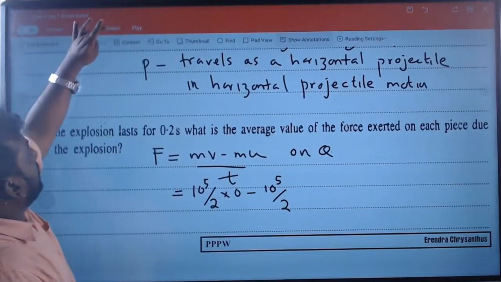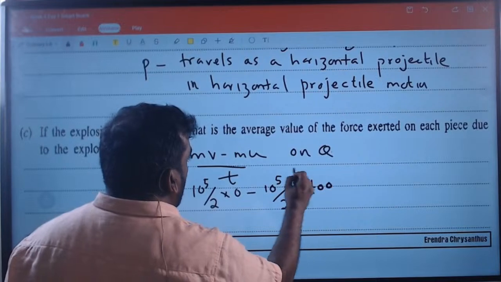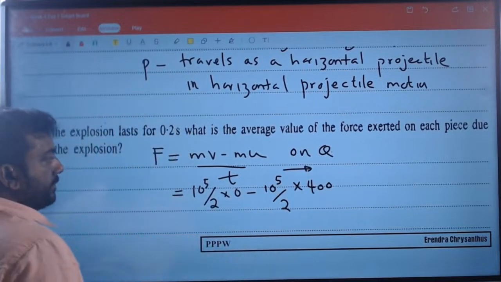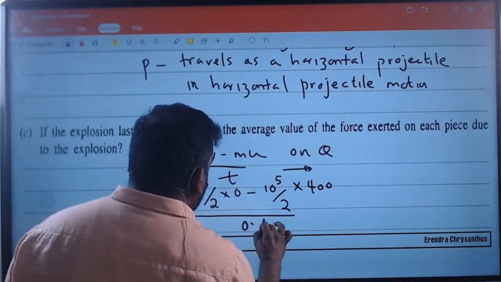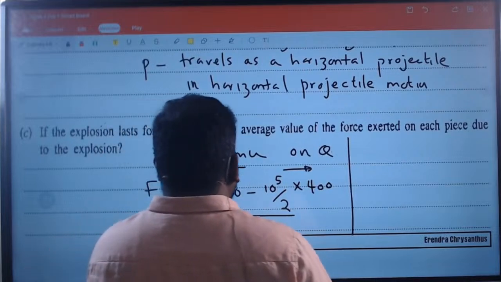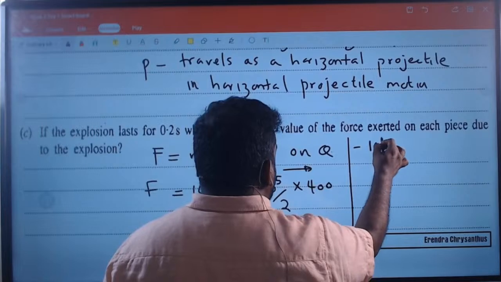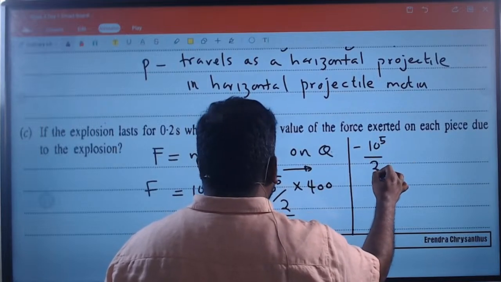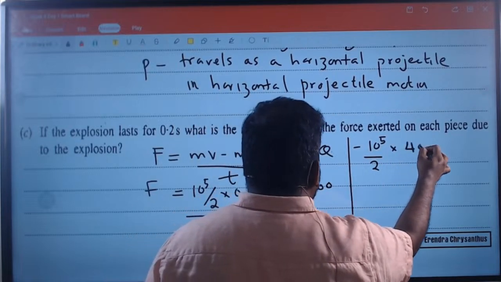So here, 400 in the forward direction, divided by time 0.2, simplifies. Minus 10 to the power 5 divided by 2 times 400, divided by 0.2.